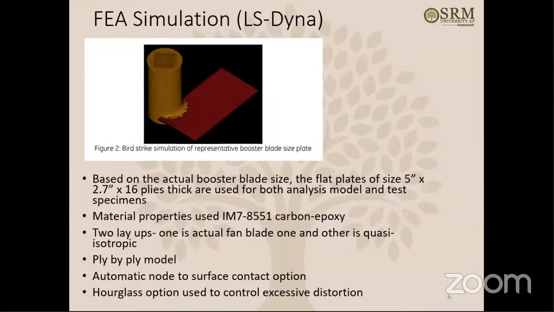The quasi-isotropic layup we also tried just for comparison purposes. And we did use the ply-by-ply model. That means every ply is represented by one element thick layer. So ply-by-ply, 16 plies.